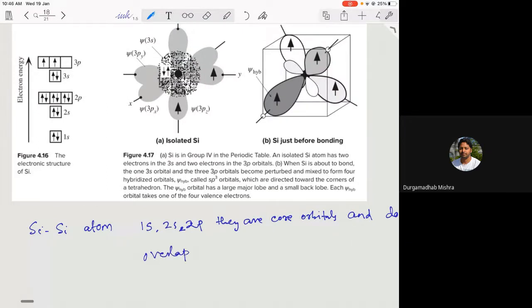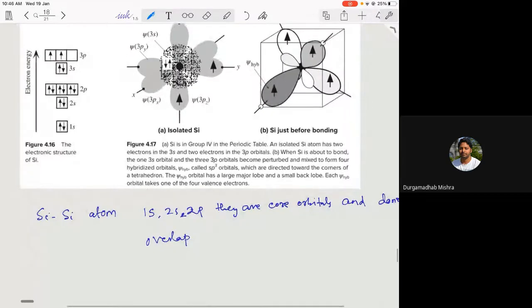That means they will not really participate in the formation of these energy bands. They are not participating in the bond formation, and we can neglect them when we consider the band formation in silicon.